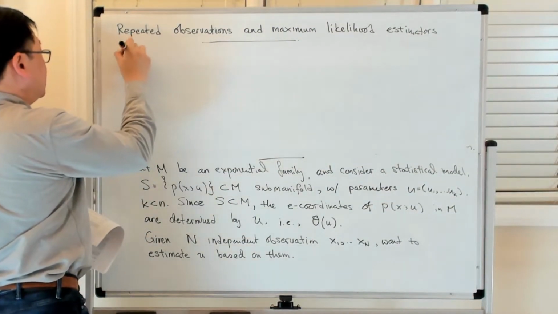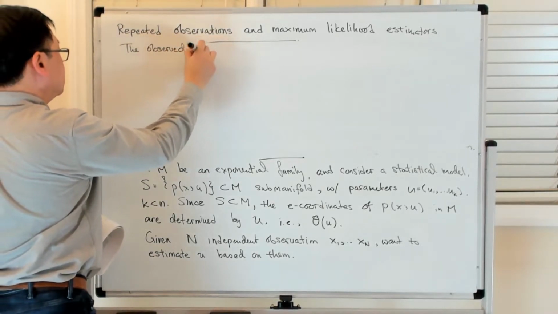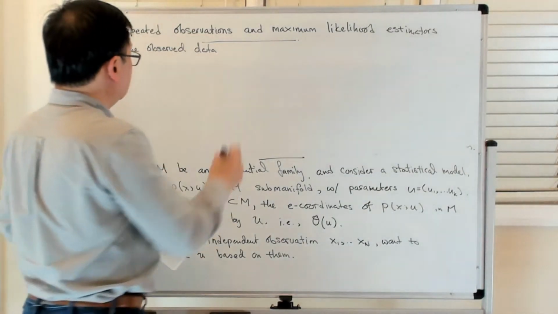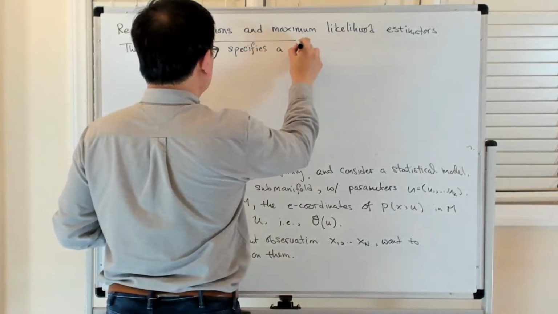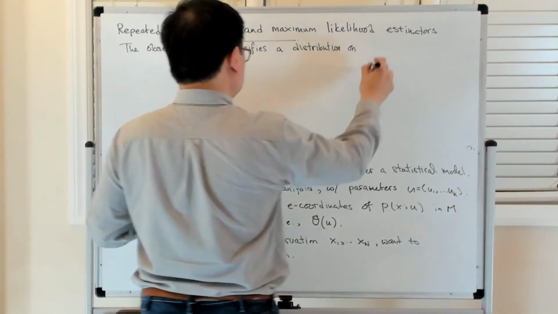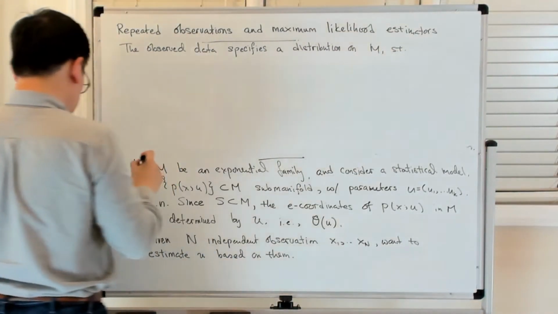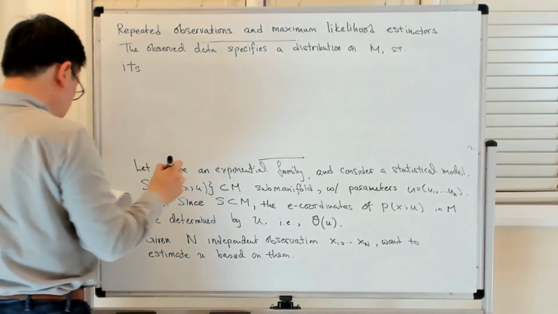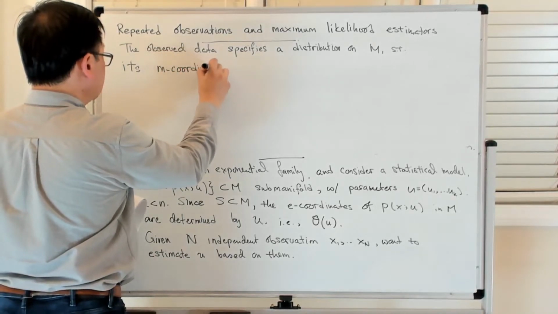So the observed data specifies the distribution on all of M, such that its M coordinates are given as follows.